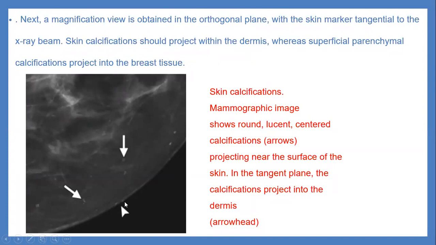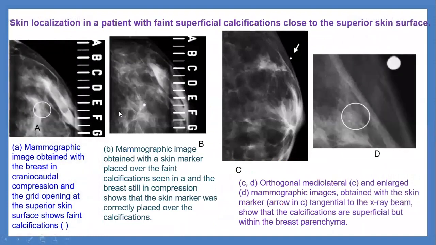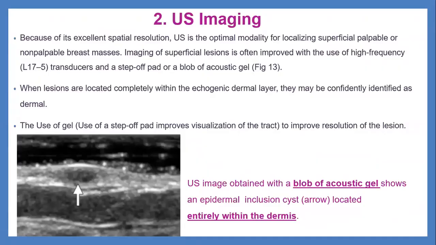And as we have seen, clearly here this is a dermal lesion with lucent centers, and this is the alphanumeric grid used to evaluate for that, to determine if the lesion is in the skin or not. But as we mentioned, ultrasound is the most useful technique in evaluating dermal versus non-dermal lesions, because it has high resolution, and there are certain characteristics used in differentiating dermal from hypodermal lesions.